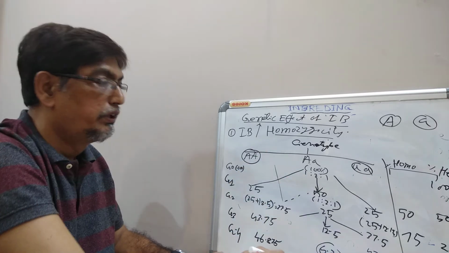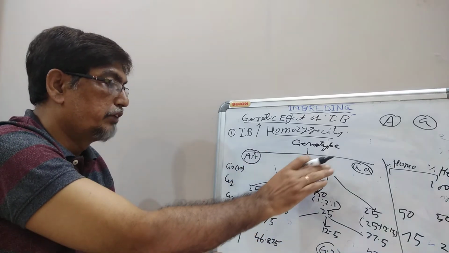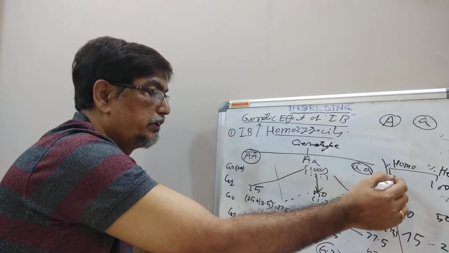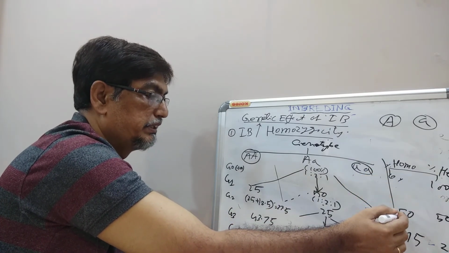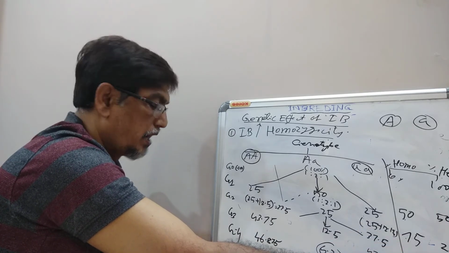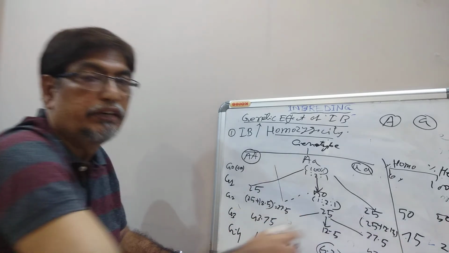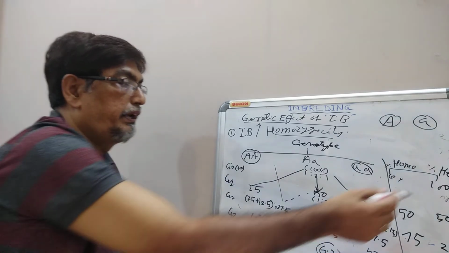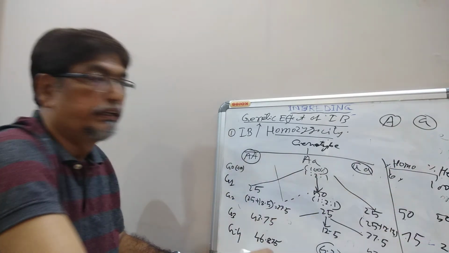But here you will see that homozygosity increased gradually from 0% to 50%, 75%, 87.5%. After 4 generations it is 93.75%. Same thing, heterozygous is decreased.